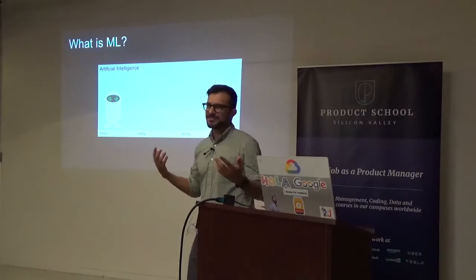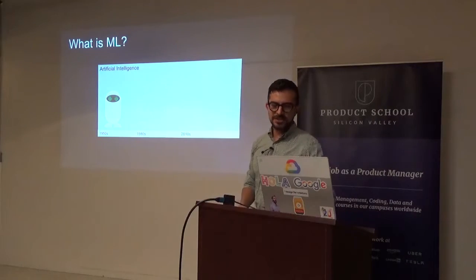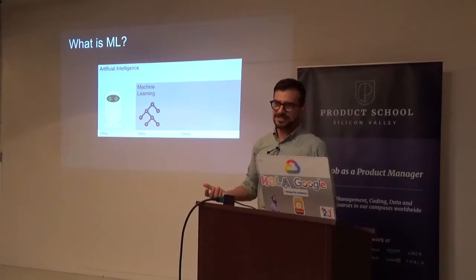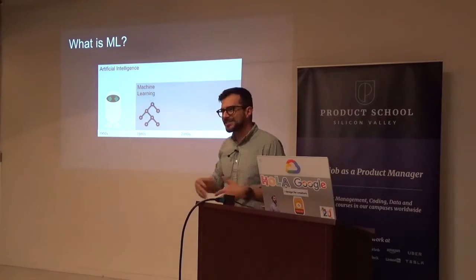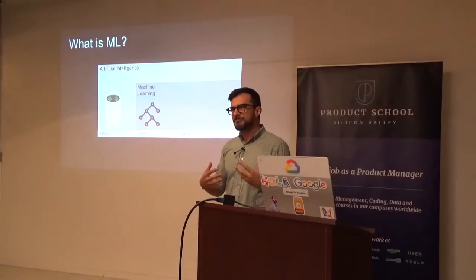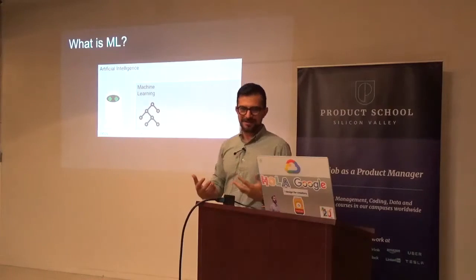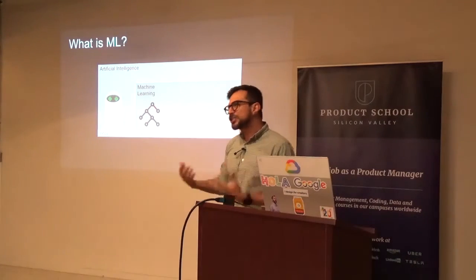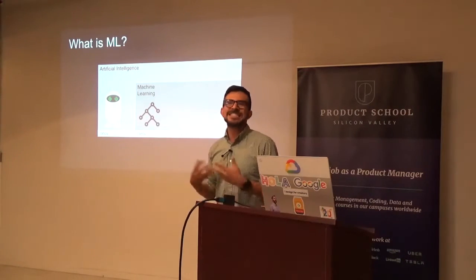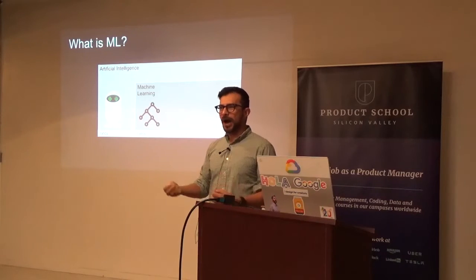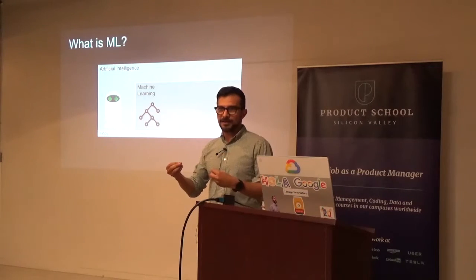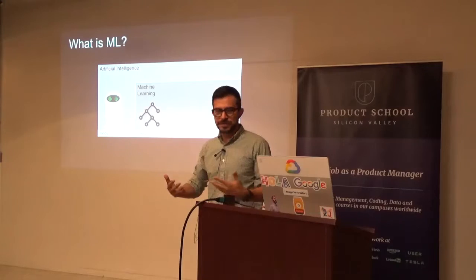Machine learning is just a subset of artificial intelligence. Artificial intelligence is basically when a machine is trying to mimic what a human is doing. And machine learning uses a lot of statistics and algorithms to mimic what a human would be doing.